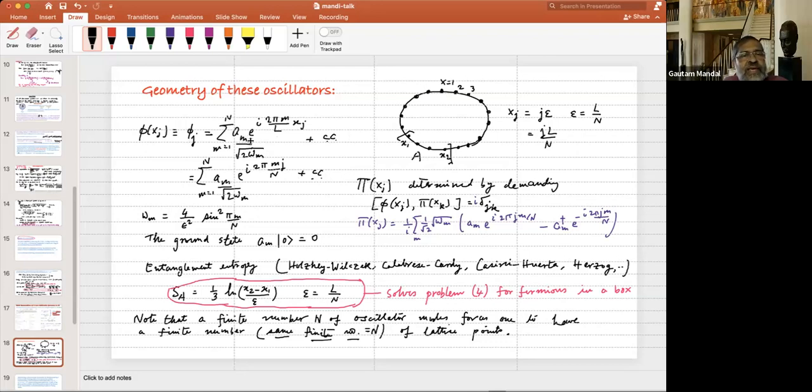So if there are n oscillators, then there should be n x's. That's the main reason why there's a lattice cutoff, a lattice spacing given by L upon n, where this n, remember, is the fermion number.